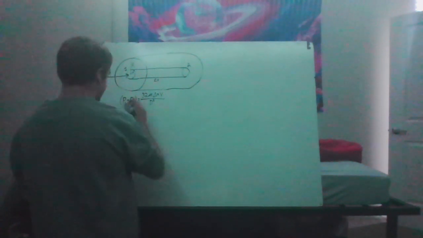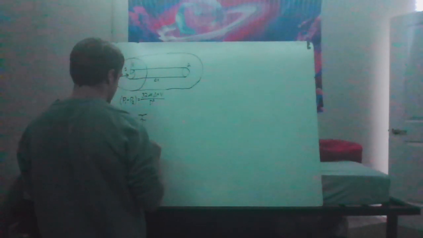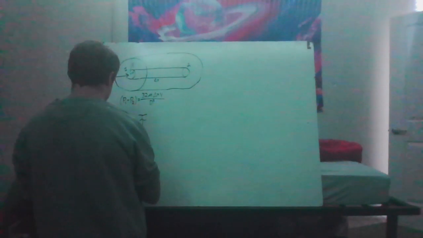And now what we can do is plug this in and plug in our equation for frictional heating as well. So I'll plug this in first. 32 mu delta x v over d squared rho.